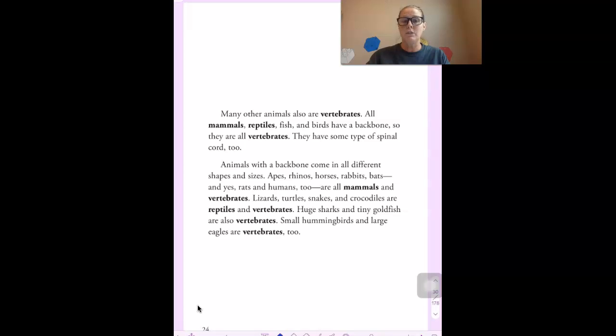Lizards, turtles, snakes, and crocodiles are reptiles and vertebrates. Huge sharks and tiny goldfish are also vertebrates. Small hummingbirds and large eagles are vertebrates too.